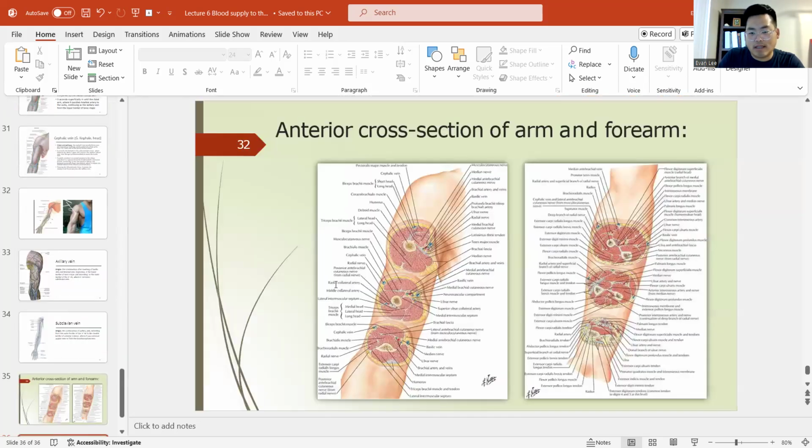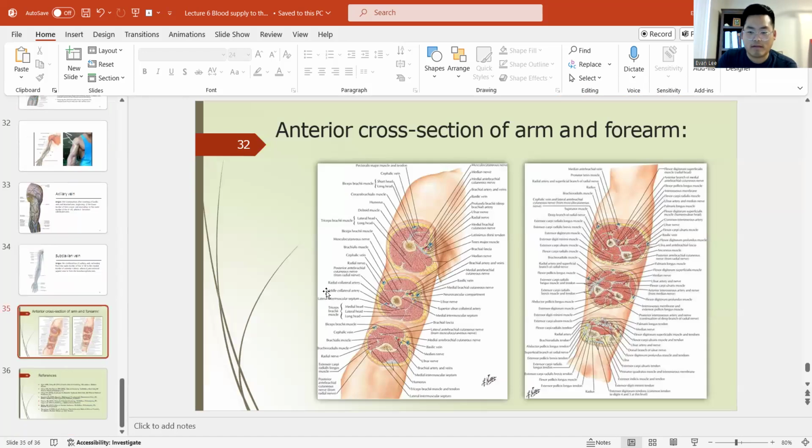We have one last slide that shows you them in cross sections of the arm and forearm, but it's a little hard to tell what's what sometimes. You can see at least some differences between the veins. You would be able to see the basilic vein on the superficial aspects until it goes into the armpit region to become deeper. Furthermore, you can see the cephalic vein running along the surface of the muscles.